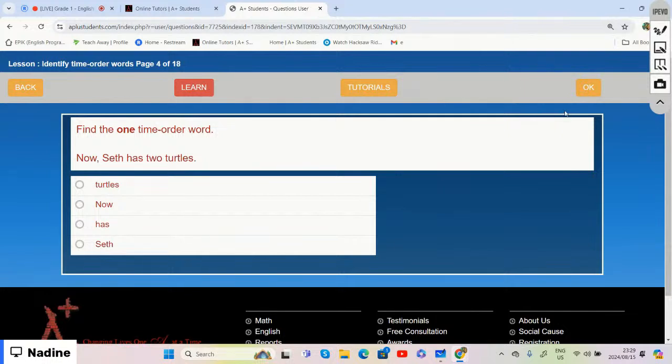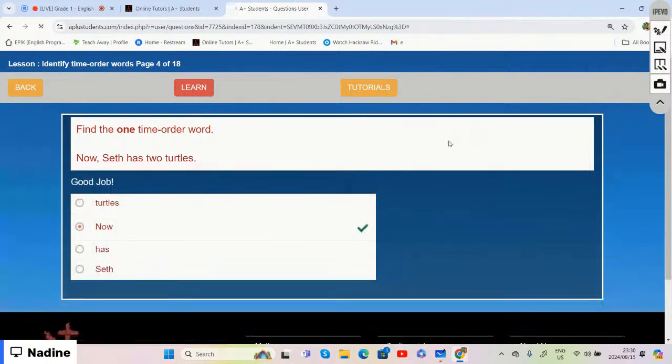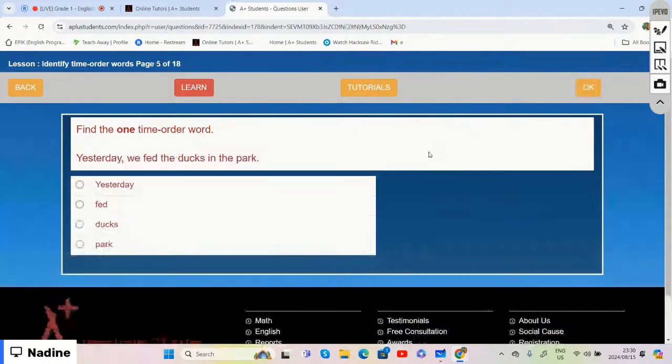All right, and if we were to choose our one time order word, then we're going to choose "now", because it says now Seth has two turtles. All right, so if we were to choose the correct one, yes, we will choose yesterday.